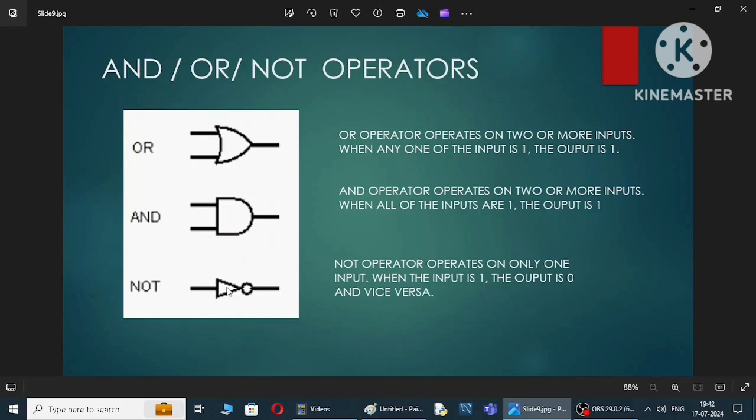So we should learn these two lines represent the input and this line represents the output. Same way here we have two inputs and one output. NOT gate, one input, one output. We can have more than two inputs in OR and AND gate, whereas the NOT operator always operates with one input and one output. Okay, so we'll see how these circuits work.